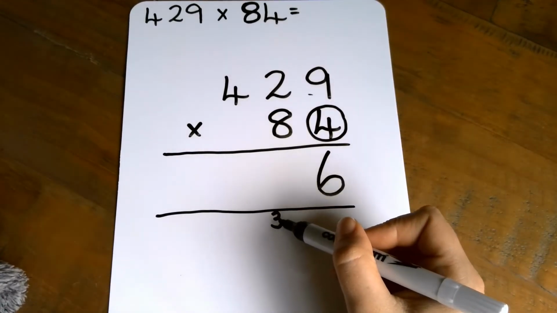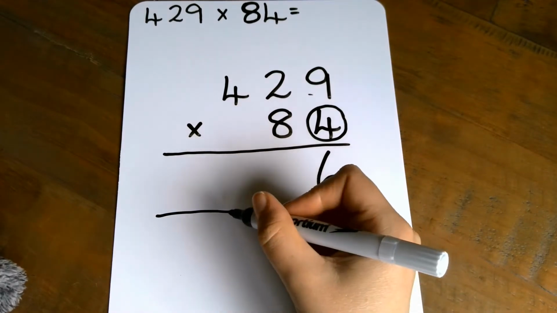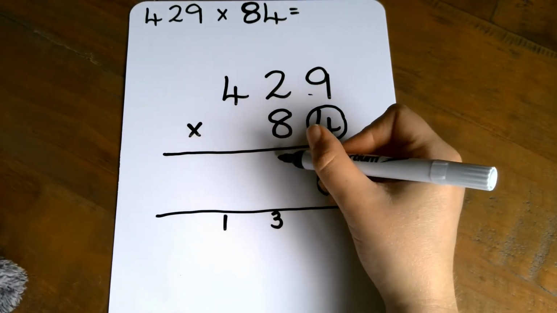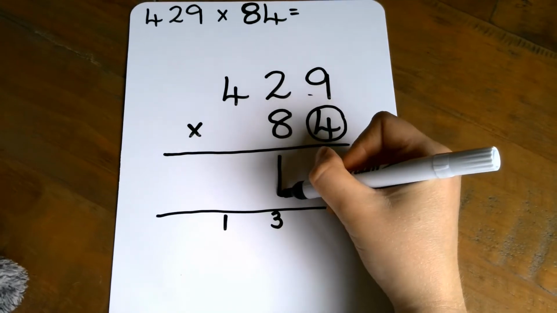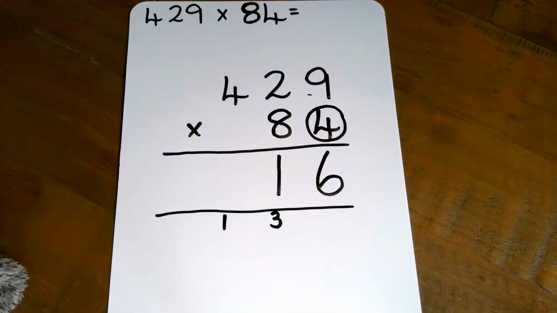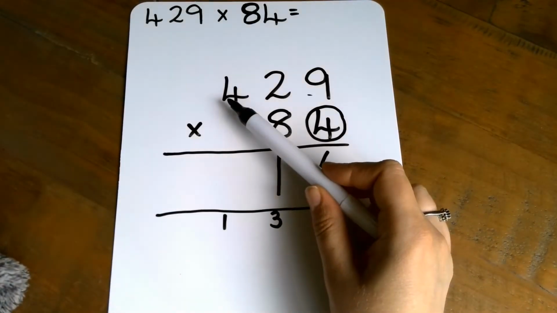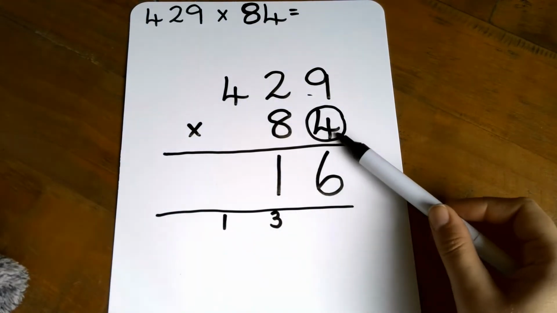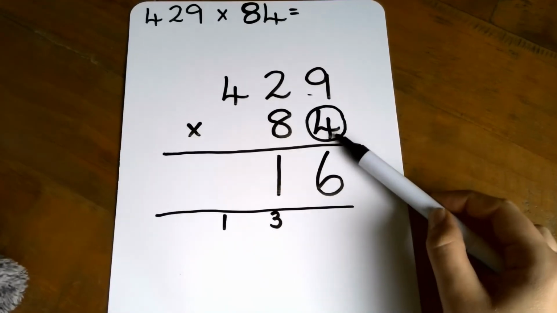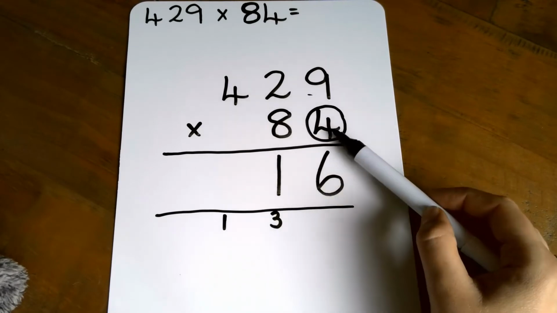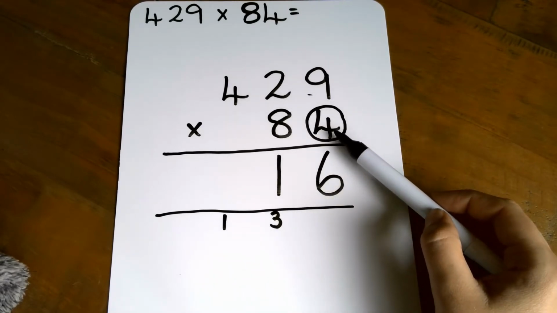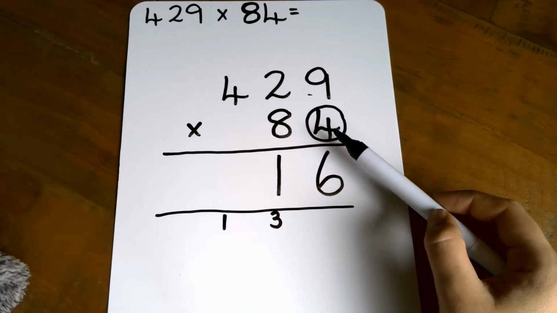Add the 3 tens, 110. 4 multiplied by 4, which is actually 400 multiplied by 4. 4 multiplied by 4 is 16, so it would be 1160.